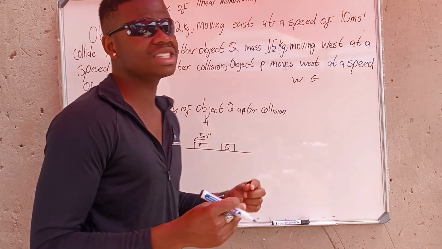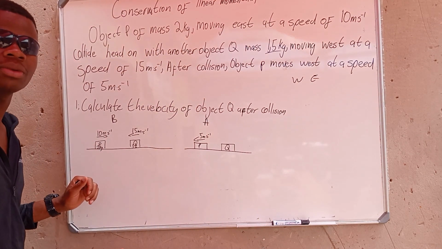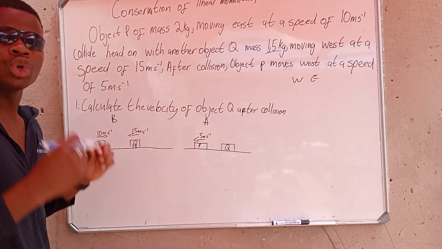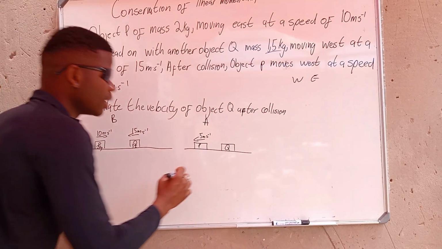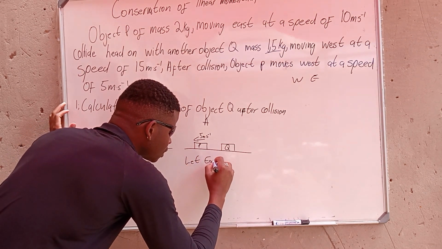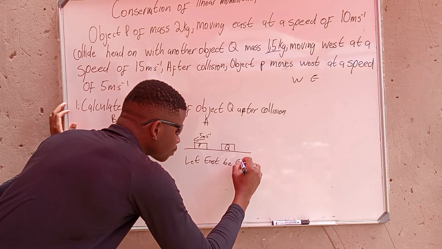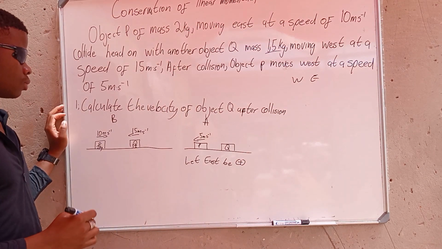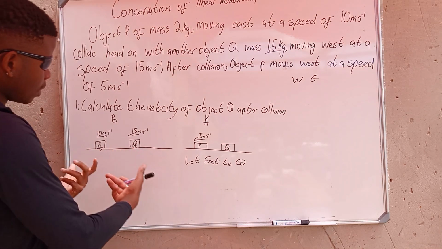Guys, momentum is a vector quantity. Before you can start with the calculations, you have to assign the direction. So I'm going to say let east be positive. In this case, look at our two blocks.